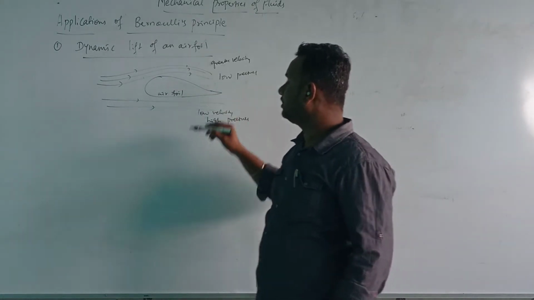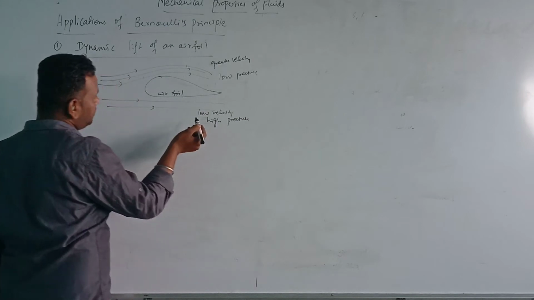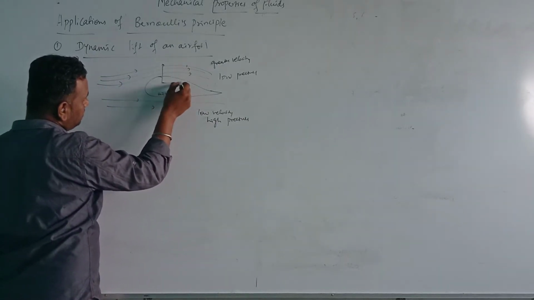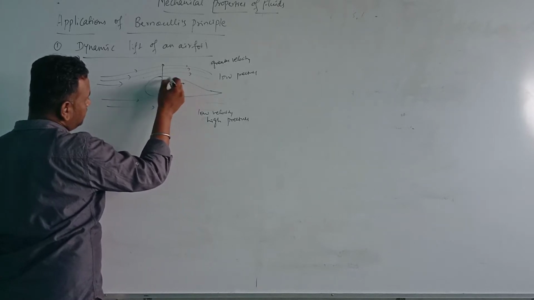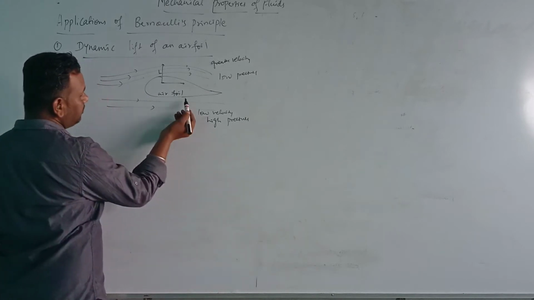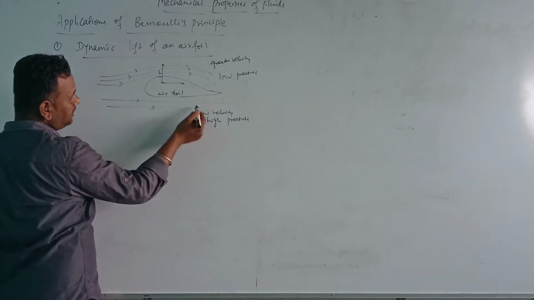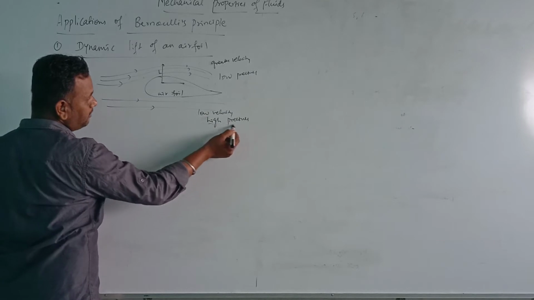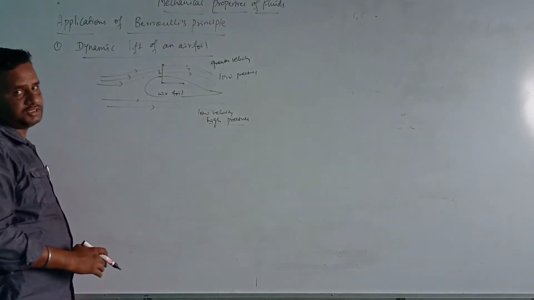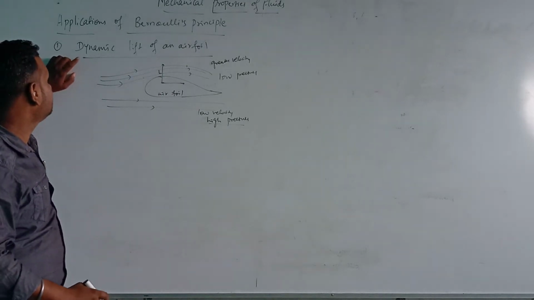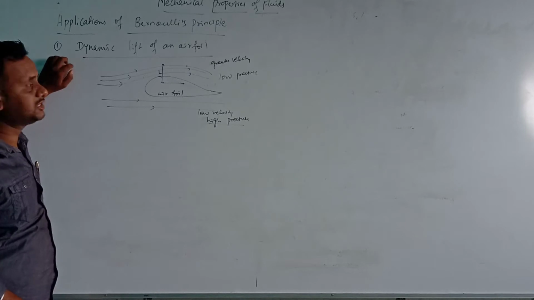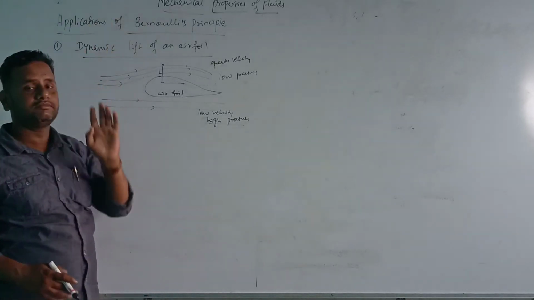Due to this, the vertical component, which is L here, moves upward. Because of the high pressure, it lifts the airfoil in the upward direction. In this way, the dynamic lift of an airfoil takes place under Bernoulli's principle.